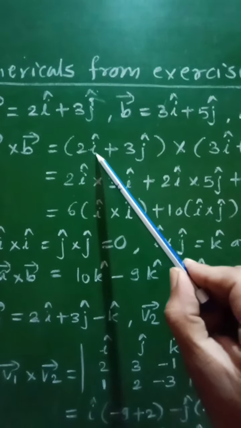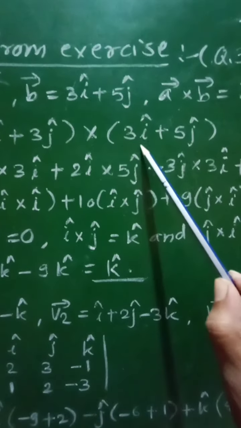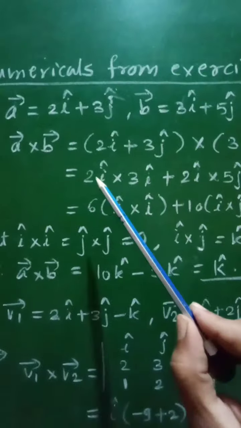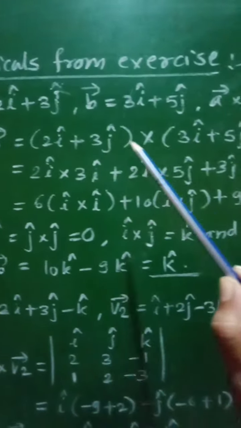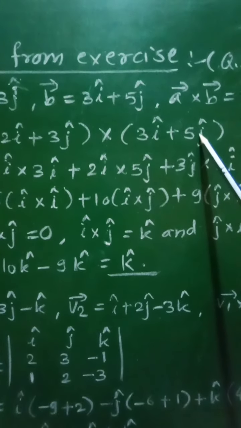So each term from the first vector will be multiplied by each term from the second vector. First of all we will multiply 2i cap by 3i cap and then by 5j cap.